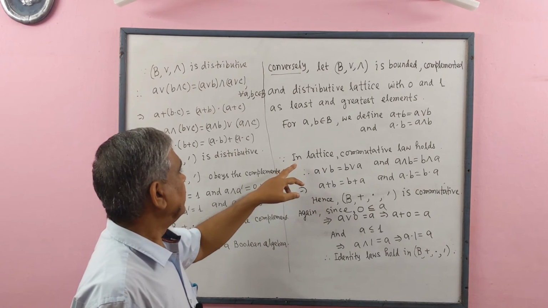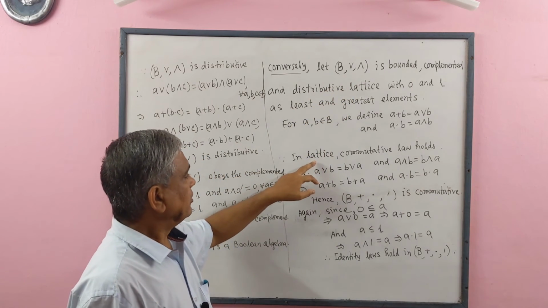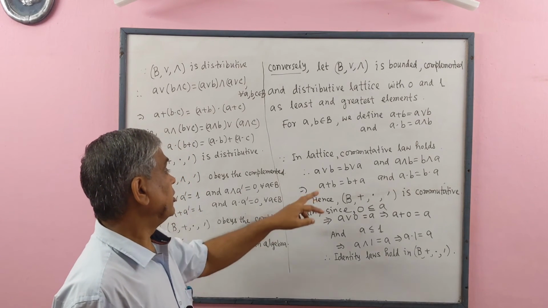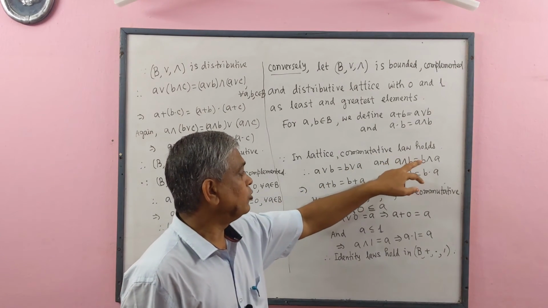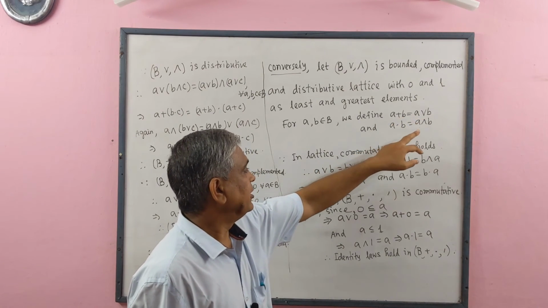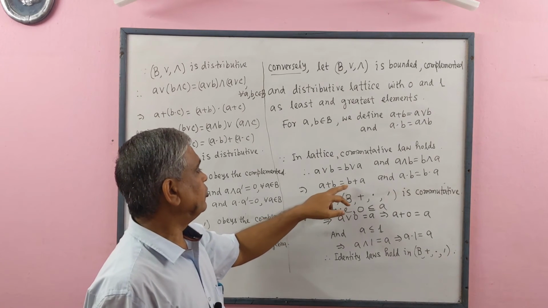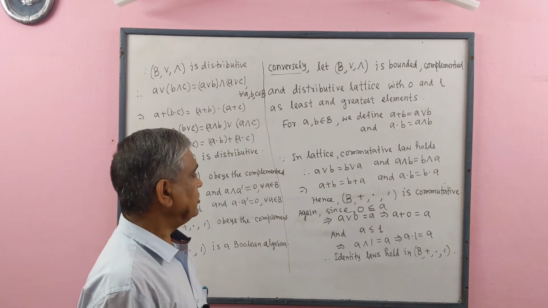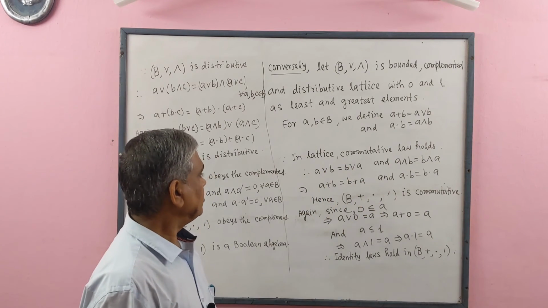Since this is a lattice, in lattice commutative law holds. Therefore, a join b equal to b join a and a meet b equal to b meet a. In place of join, we write plus, in place of meet, we write dot. Therefore, A plus B equal to B plus A and A dot B equal to B dot A. Hence, B with plus, dot and complement is commutative.